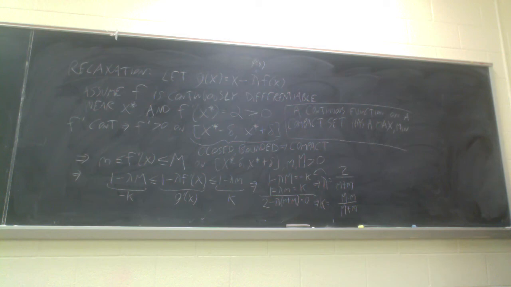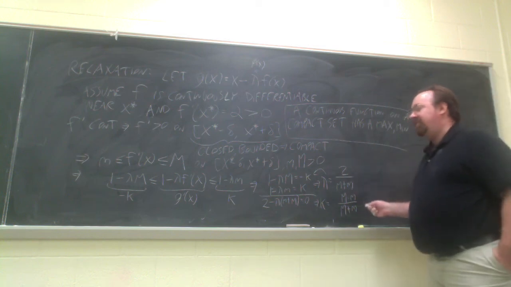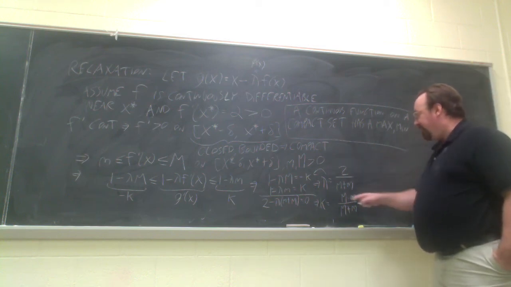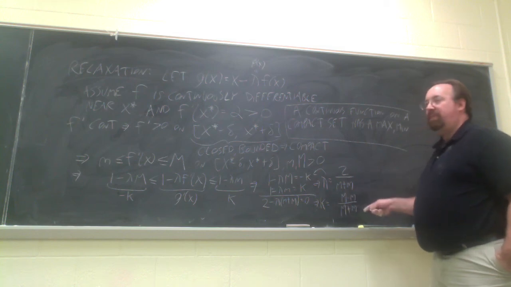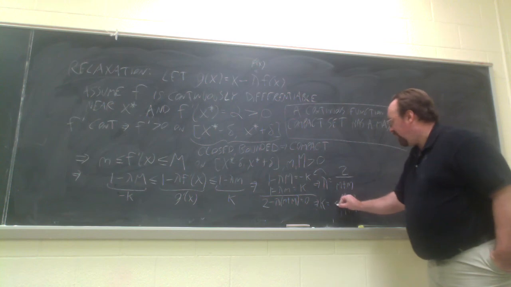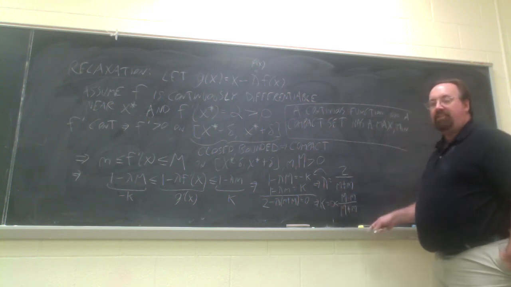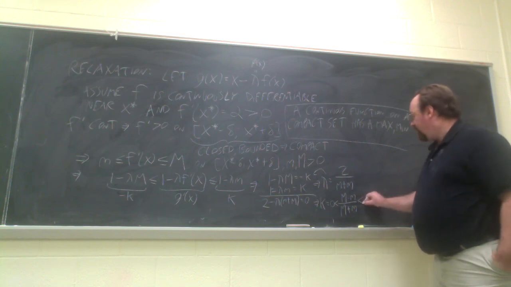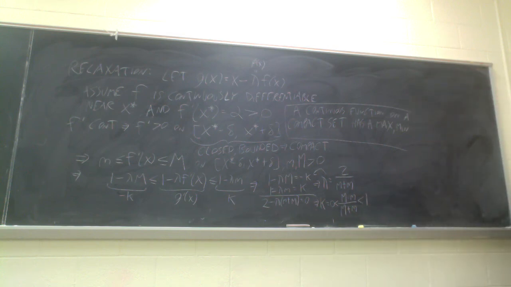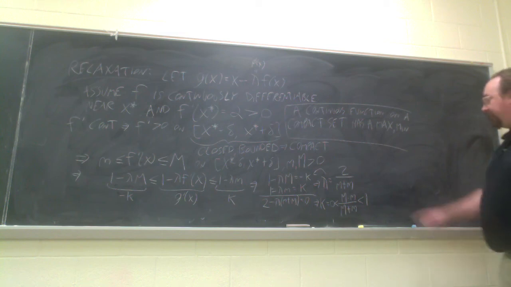Since little m and big M are both positive, and big M is the larger of the two, this whole fraction is positive, so it's greater than 0. And the numerator is less than the denominator, so it's also less than 1.